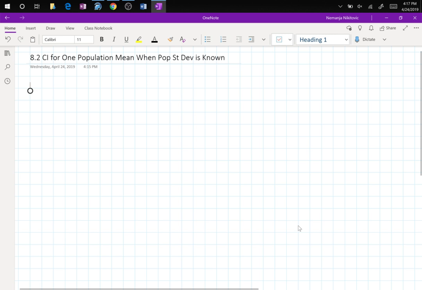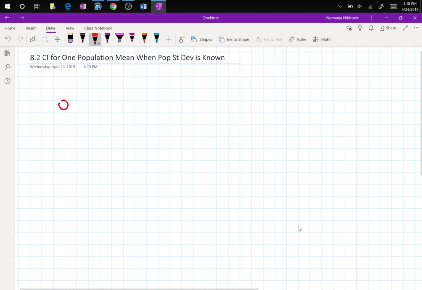One of the important aspects of today is, I'll write it here in blood, sigma is known. And that's never the case, okay? If you don't know the population mean, you're definitely not going to know the standard deviation.